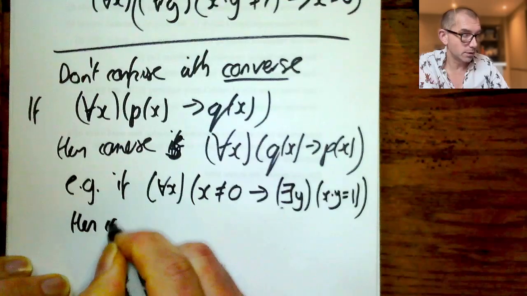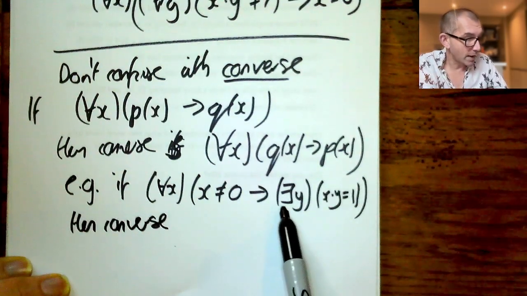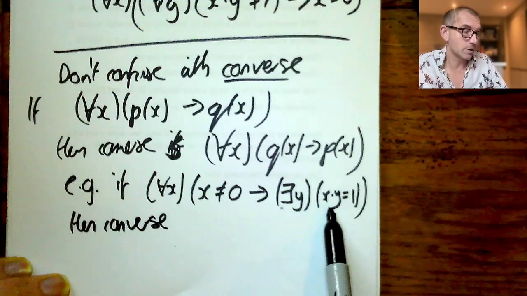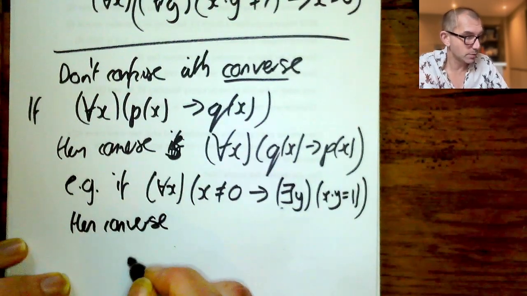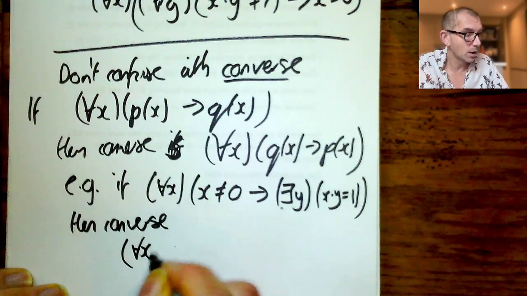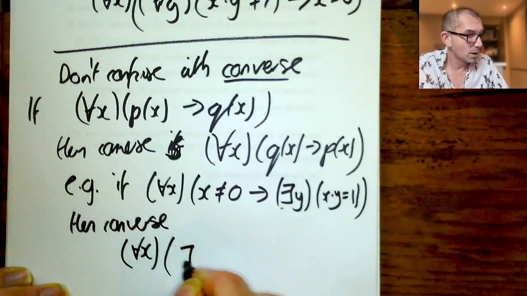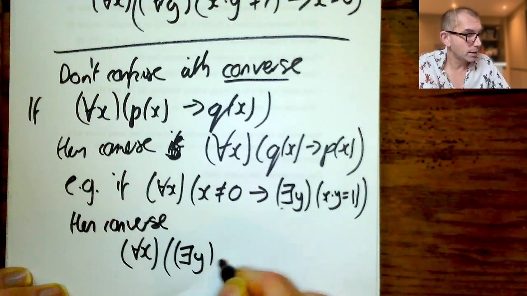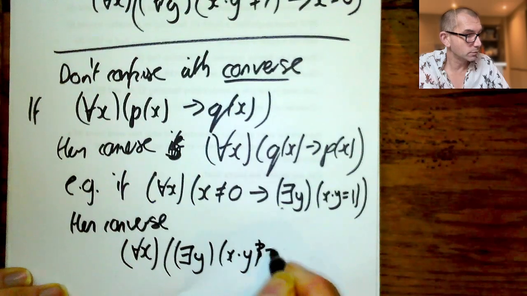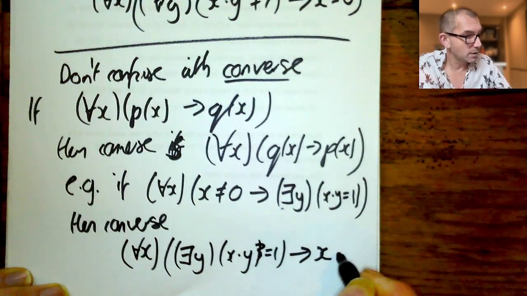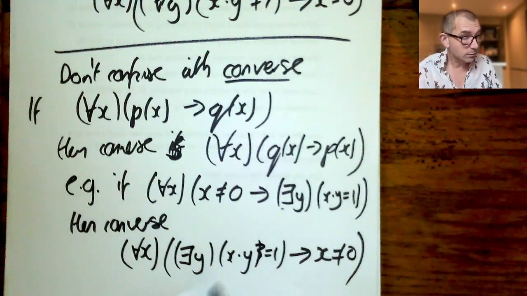Then the converse is saying that whenever there exists a y such that x times y is 1, then x must be not equal to 0. So for all x, there exists a y such that x times y equals 1 implies x not equal to 0. This one happens to be true.